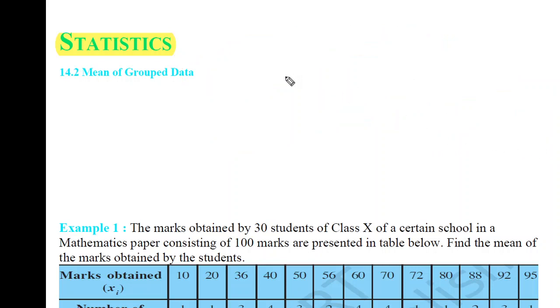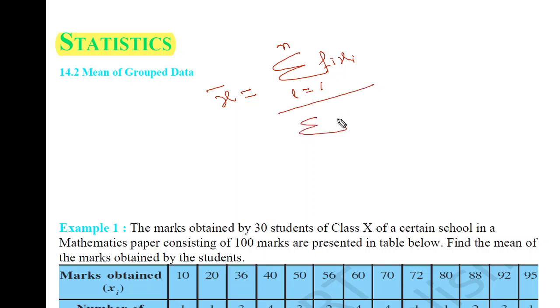Then if you can remember, x bar was represented as a formula. X bar or mean was equal to sigma fi xi, where i varies from 1 to n, divided by sigma fi, where i varies from 1 to n.